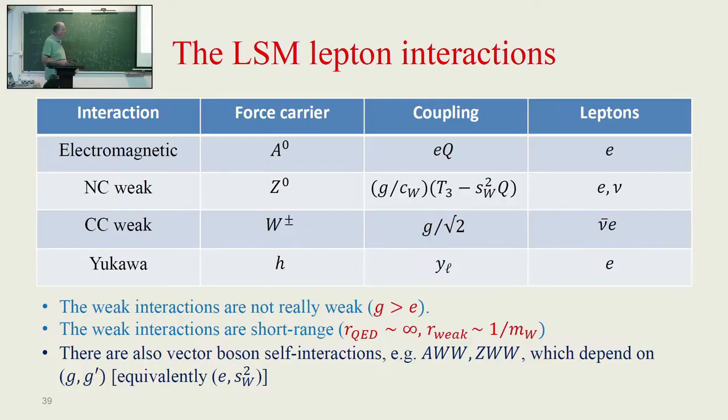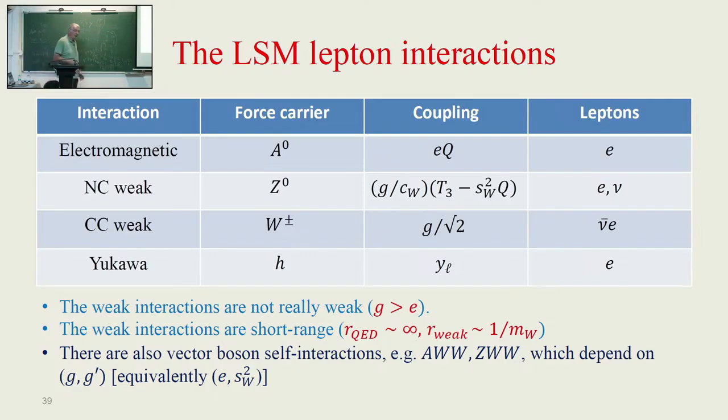A few comments. I think I mentioned already in the past that the name weak interactions is really a misnomer. It's misleading because they are not weak. g, the coupling, is larger than the coupling constant of the electromagnetic interaction, e. This is about 0.6 something, this is about 0.3 something. What they are is short range.